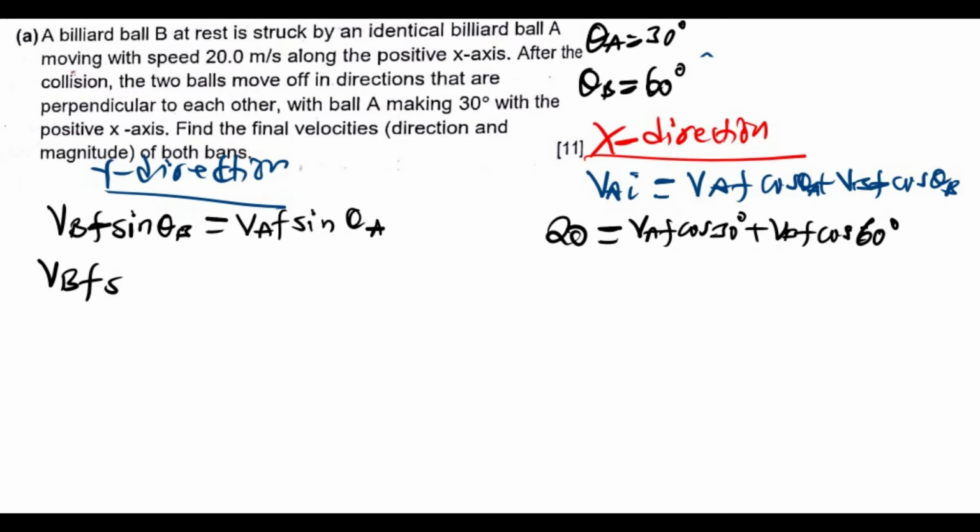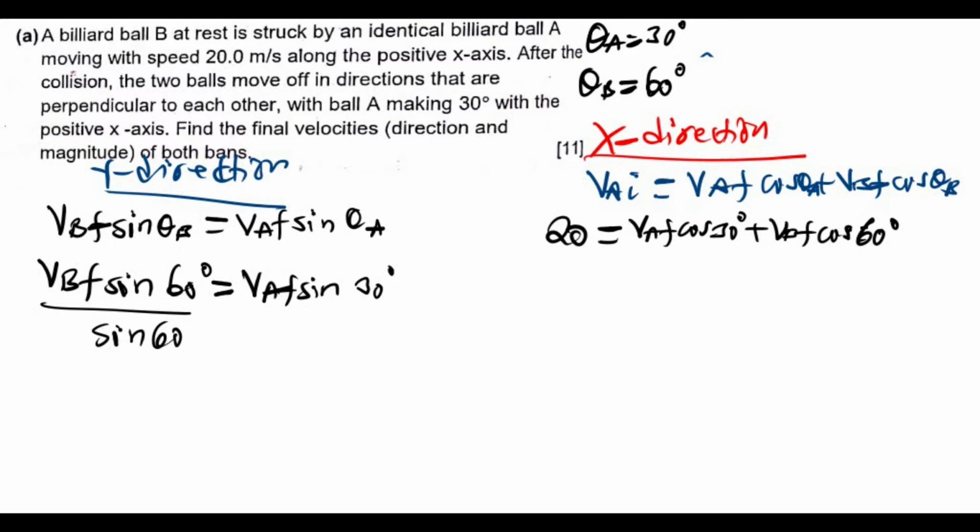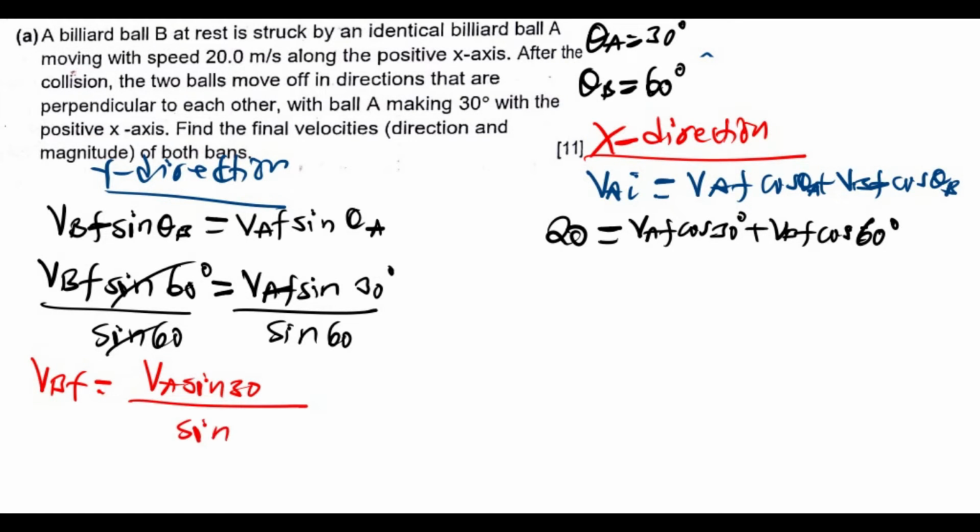Okay. Now I also plug in the values here. VBF sine 60 degrees is equal to VA final, we don't know, sine 30. So I'm going to make VB the subject of the formula here. That means I'm going to divide both sides by sine 60, so these will cancel, and I'll end up having VBF is equal to VA sine 30 divided by sine 60.